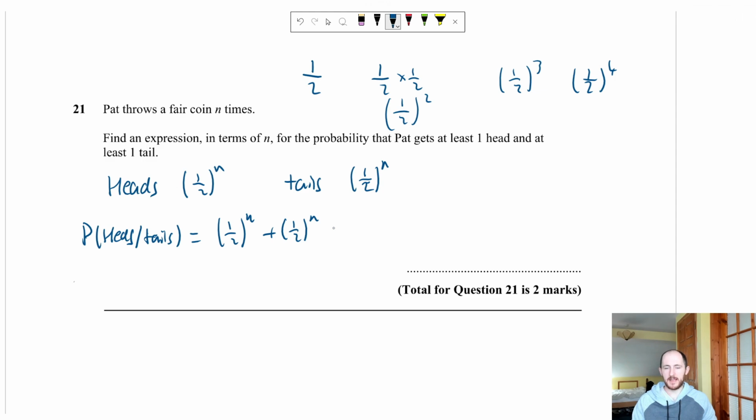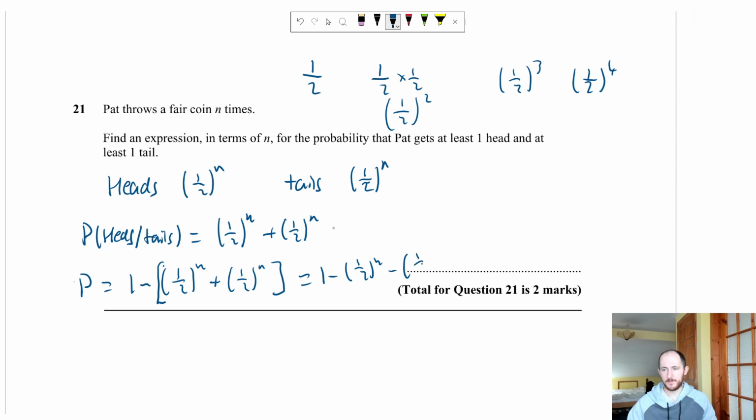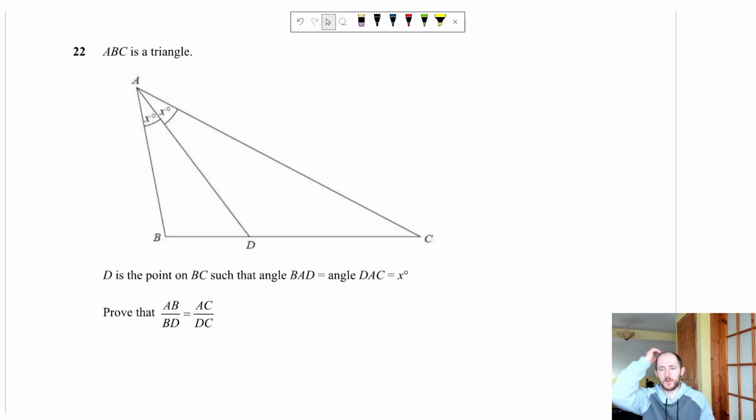Which means the probability of getting one of each, so the probability we're looking for, is 1 minus those two things added together. And that works as our final answer, but if you wanted to, you could expand the brackets to get this. But hopefully that makes sense. So just keep in mind that you are going to be using the 1 minus relationship a lot when it comes to probability. This question is also fairly interesting, it's fairly tricky.